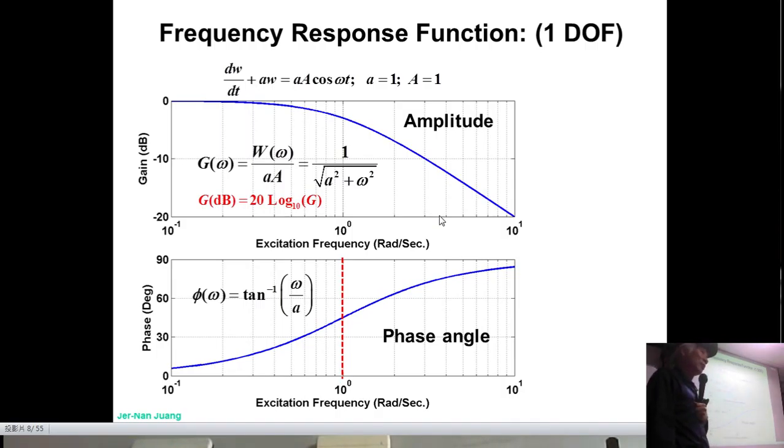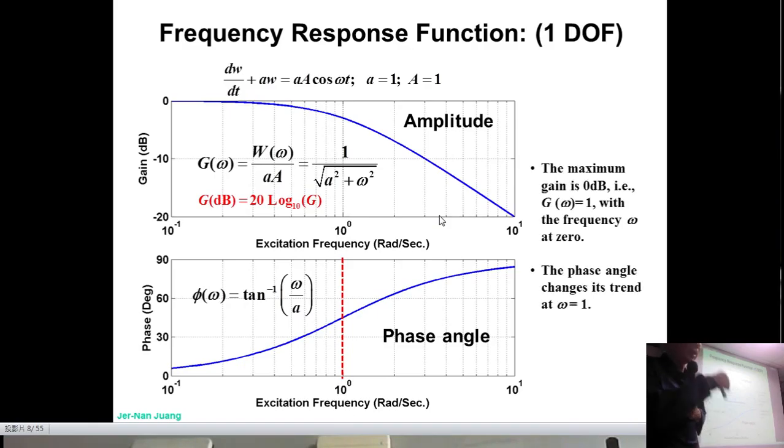That's the way we judge. Understand? That's the way we look at our response, the way we say whether it is a good controller design or not.